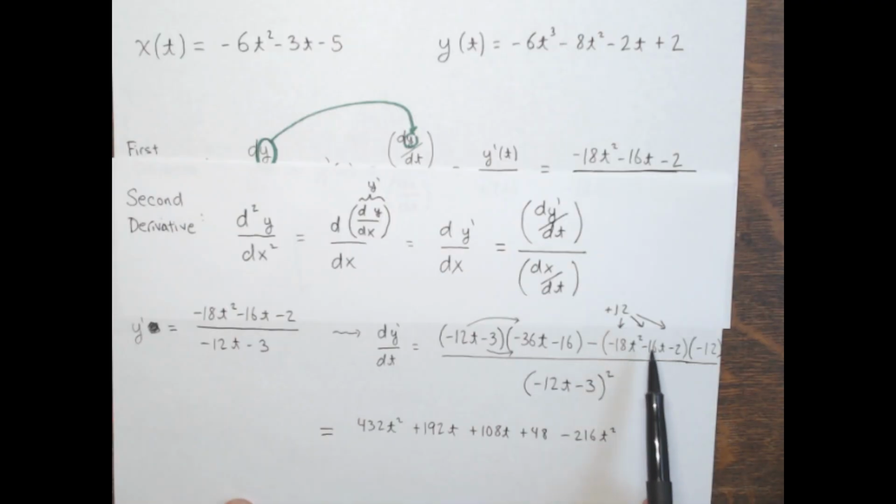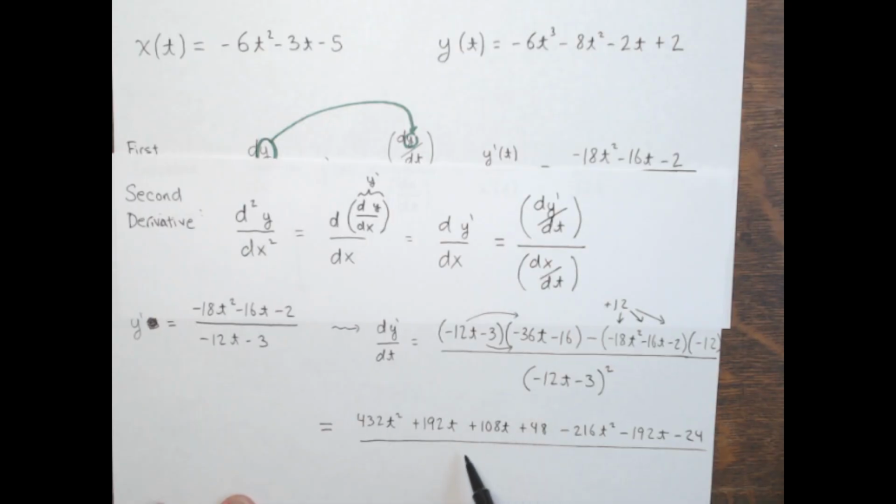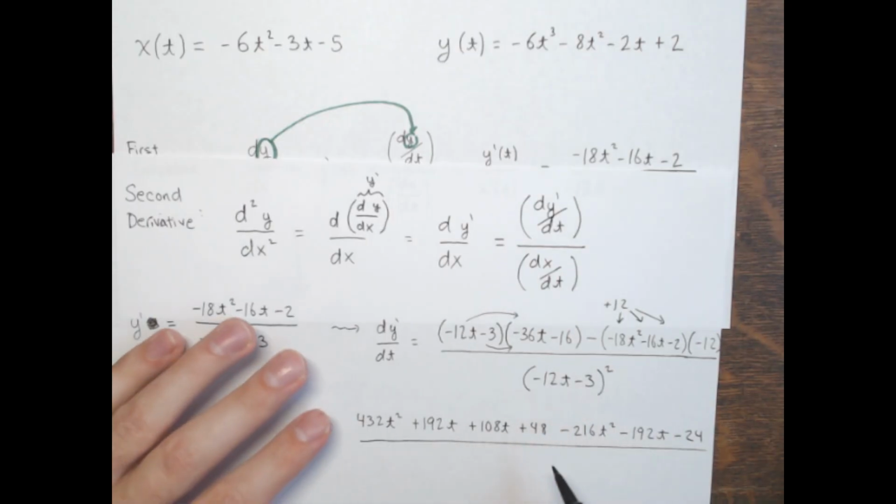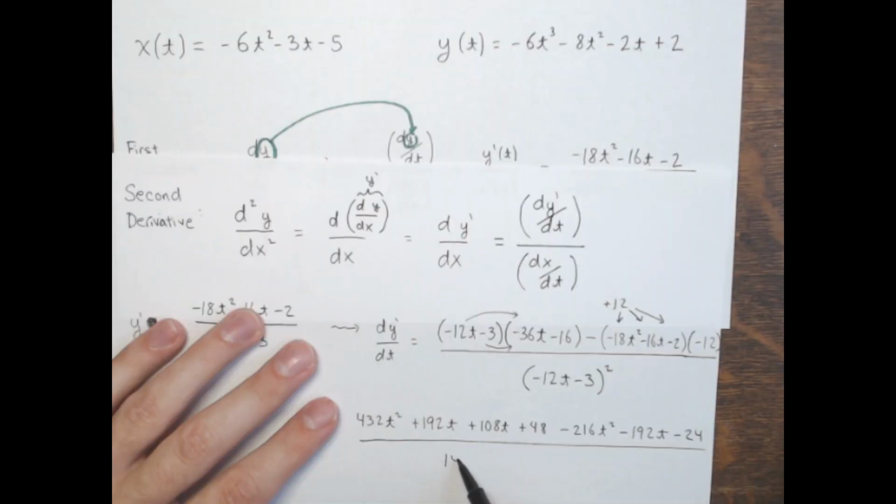And we already saw 12 times 16 earlier, right? That's 192. So minus 192t. And then 12 times negative 2 in there, minus 24. All right, we'll simplify some terms. And then down here, you've got negative 12t minus 3 squared, be 144t squared, plus 36 plus another 36, so plus 72t, and then plus 9.